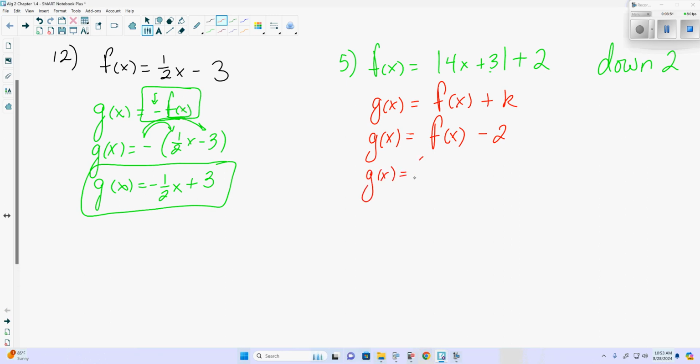Now at this point, we can replace f of x with its function because it's still f of x, so we'd have parentheses, absolute value of 4x plus 3, plus 2, and we have this here. Now we can drop the parentheses because there's nothing in front of it.